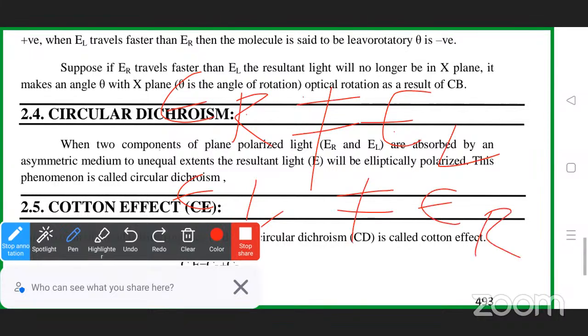This is called CD, circular dichroism. Circular dichroism is nothing but the inequality in the rotation of the plane polarized light.